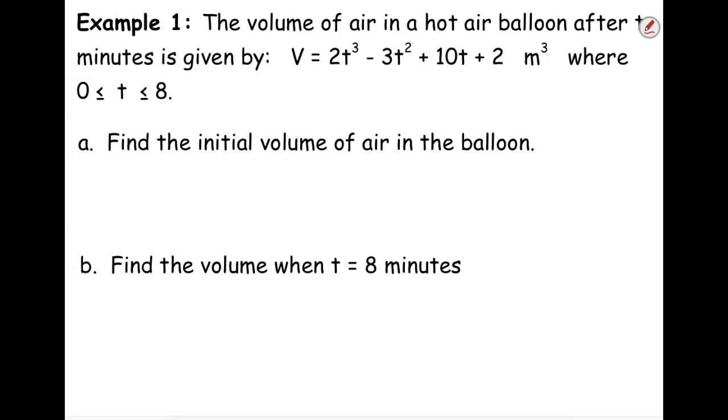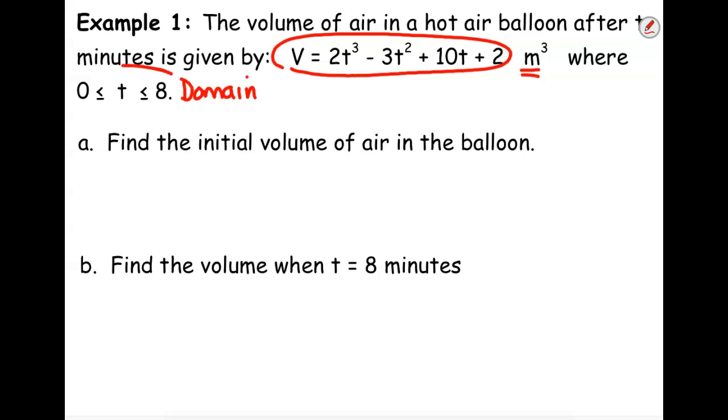So here's our example. The volume of air in a hot air balloon after t minutes is given by this function. Here is our volume function, and our unit of measure is meters cubed, and this is our domain from 0 to 8 minutes.